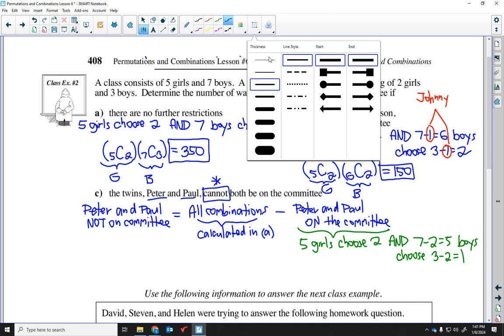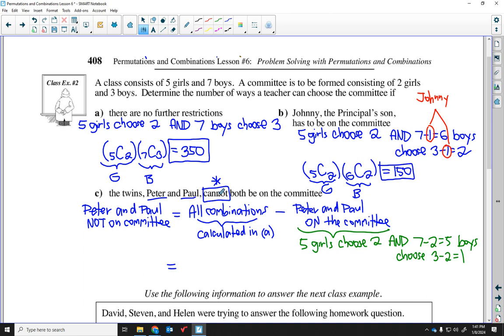Okay, so now we're ready to calculate this. So this would be equal to all combinations, that's 350. And then we're going to subtract this now. So 5 girls choose 2, that's 5 choose 2, and then multiply by, of the 5 boys that are still available, we're going to pick 1 to fill in to form the total committee.